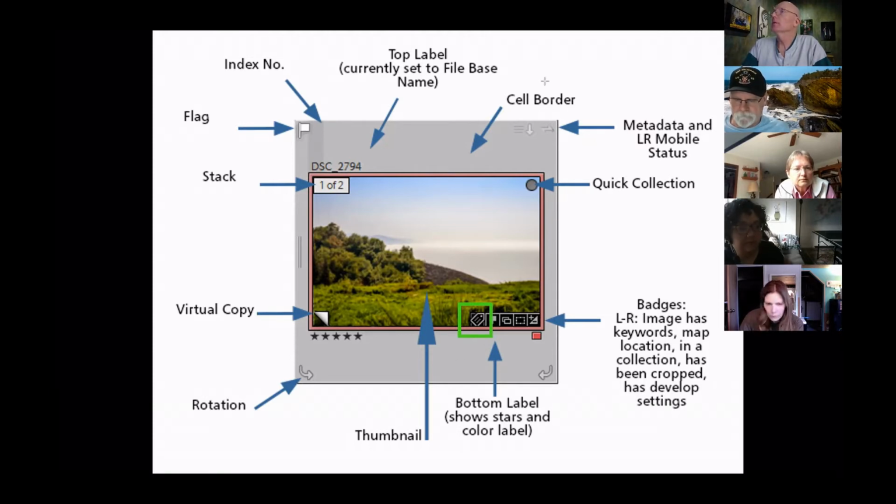The next one has to do with stacking. In fact, you can see this photo says it's one of 2 up here. That goes with the fact that this photograph has photos stacked with it.